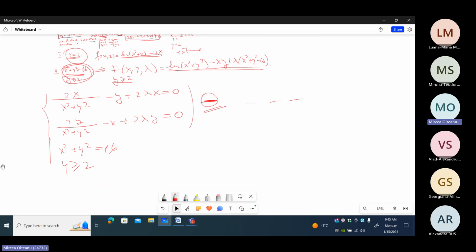Thursday, we have the last lecture. We will have another lesson, implicit functions, and there will be other applications of local extrema, as you will see.